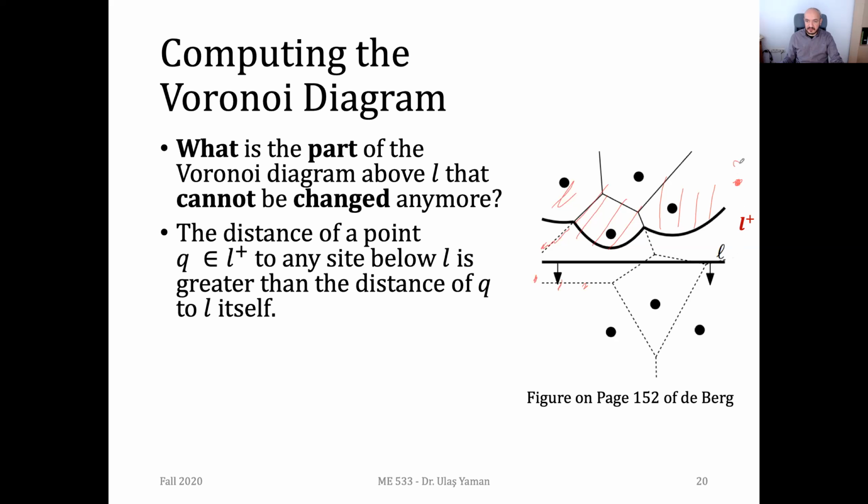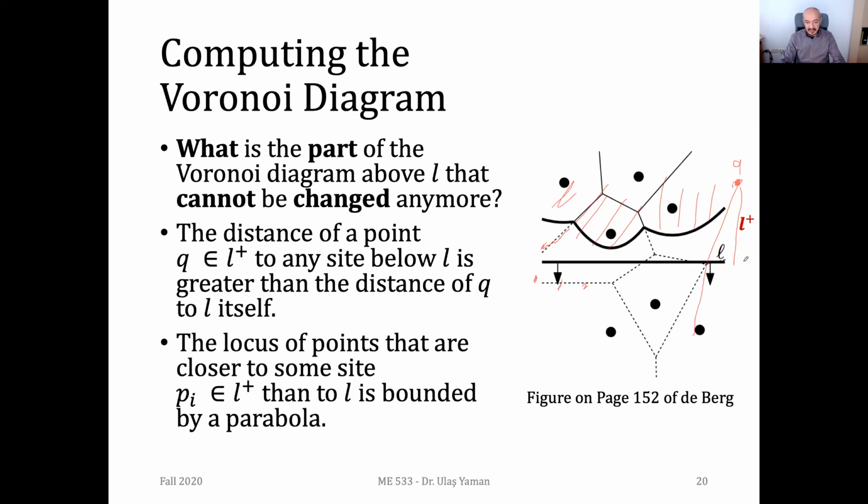This is Q. If the distance of this point to any site below L, let me draw this distance, this is a site below L, if this distance is greater than the distance of Q to L itself, this is L, yes, this is it actually. If this is greater, then we can say that this is finalized and we are not going to change anything. But if you look at other points, that will not be the case.